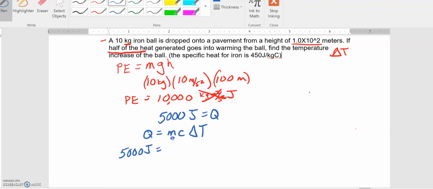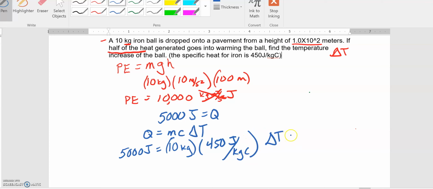We know that our mass is 10 kilograms. We know that our specific heat is 450 joules per kilogram degrees Celsius.